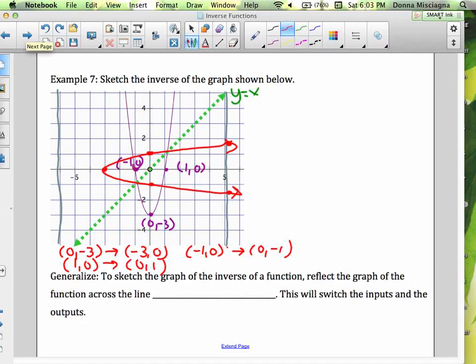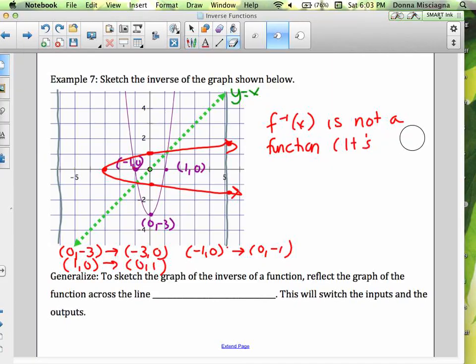So here, f inverse is not a function, it's just a relation. It's a relation only.